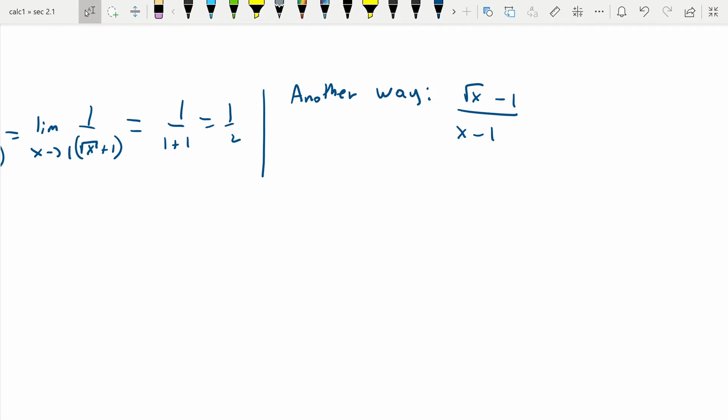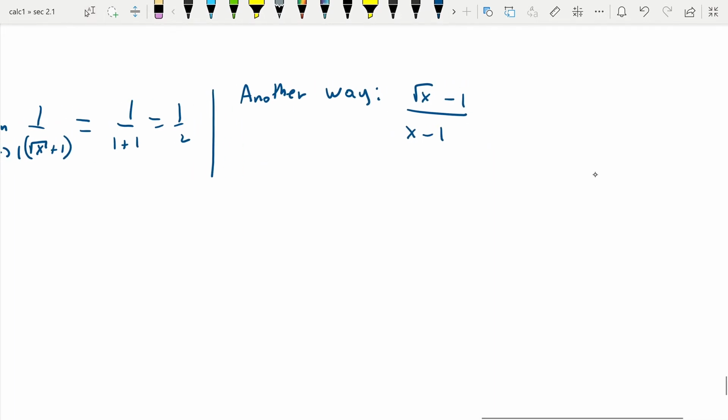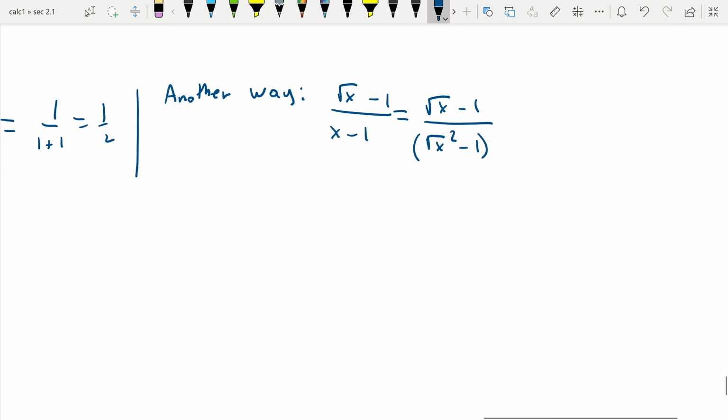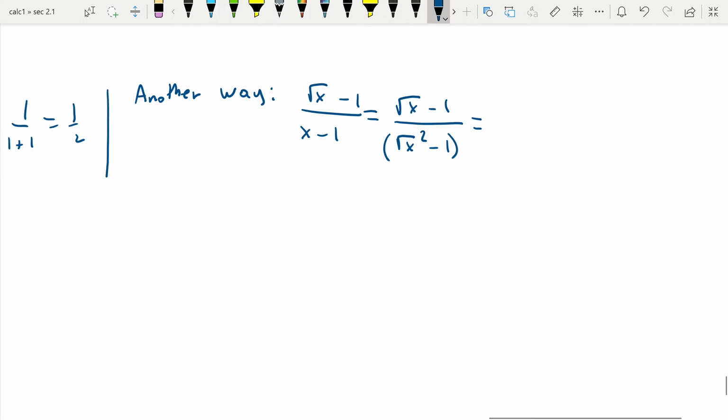The numerator is just the square root of x minus 1. And the bottom can be written as the square root of x squared minus 1. We're near 1, so the square root of x squared is just x.